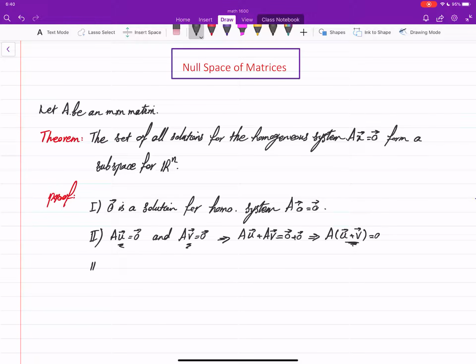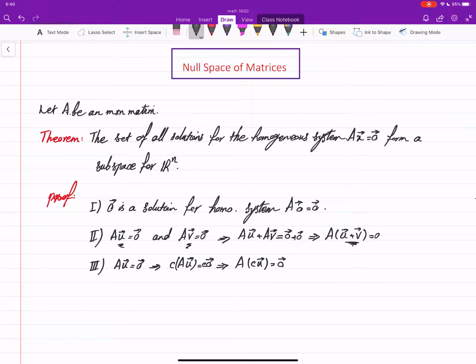And the third thing is that it is closed under scalar multiplication. In other words, if Au is 0, then if you multiply by c, you can bring it inside. This is going to be c times Au, and this means that A times cu is equal to 0.